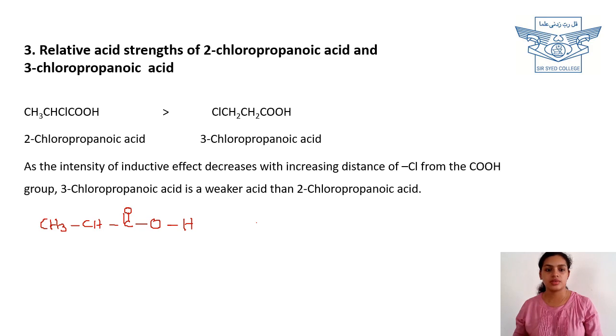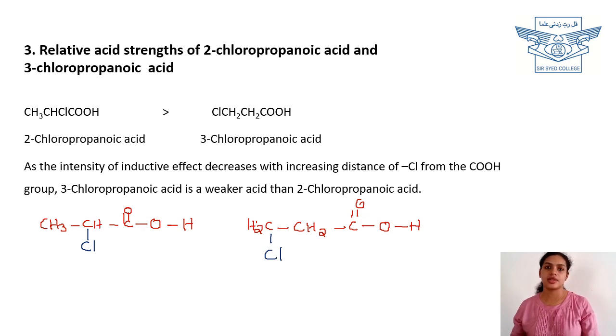Then here comes CH2, COOH. This is the chlorine atom. This is the example of 2-chloro, and here is the example. This is 3-chloro. Right, first carbon, second carbon, and third carbon.